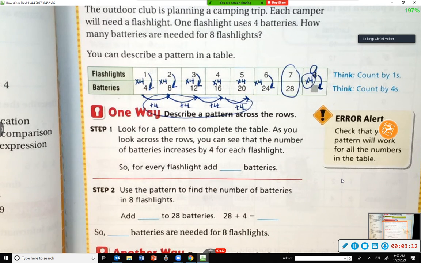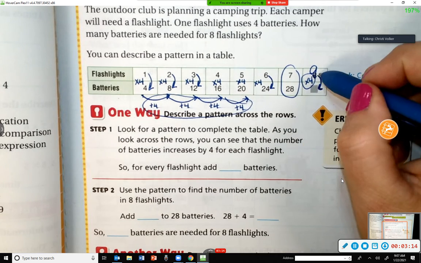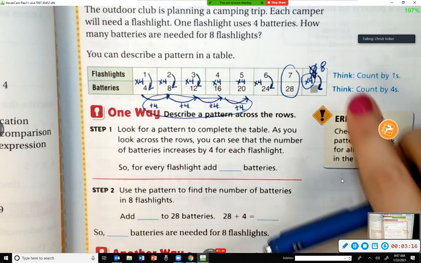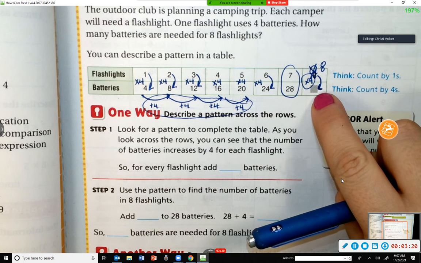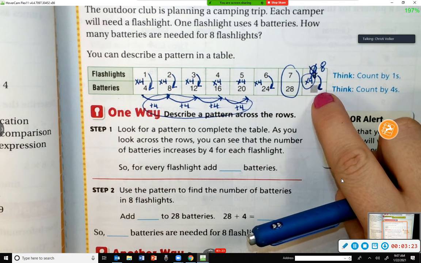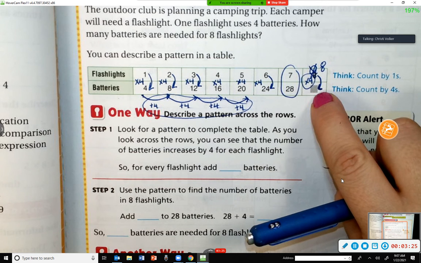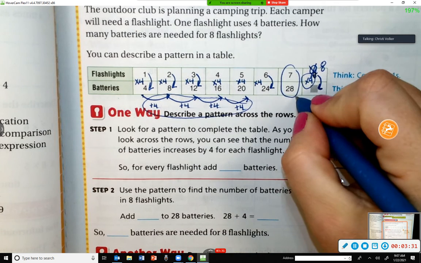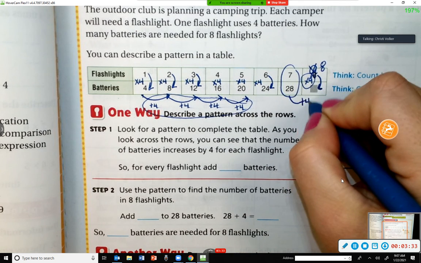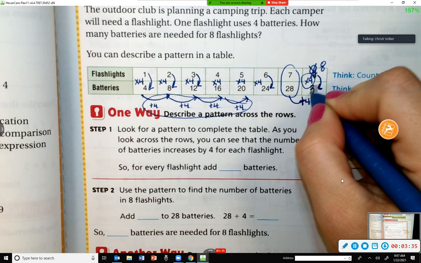So if I'm looking at this one where it has 8, not 9, 8 times 4 is what we would do to get this empty box. So how many batteries would we need for 8 flashlights? 32, because 28 plus 4 is 32.